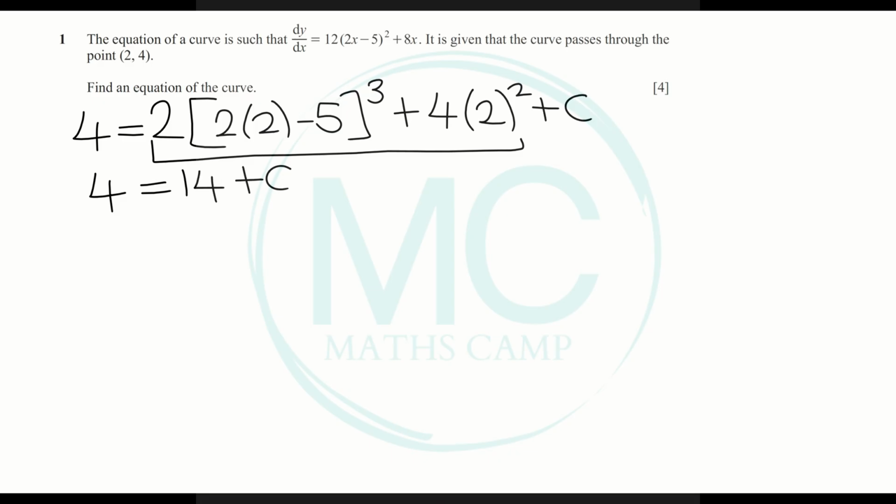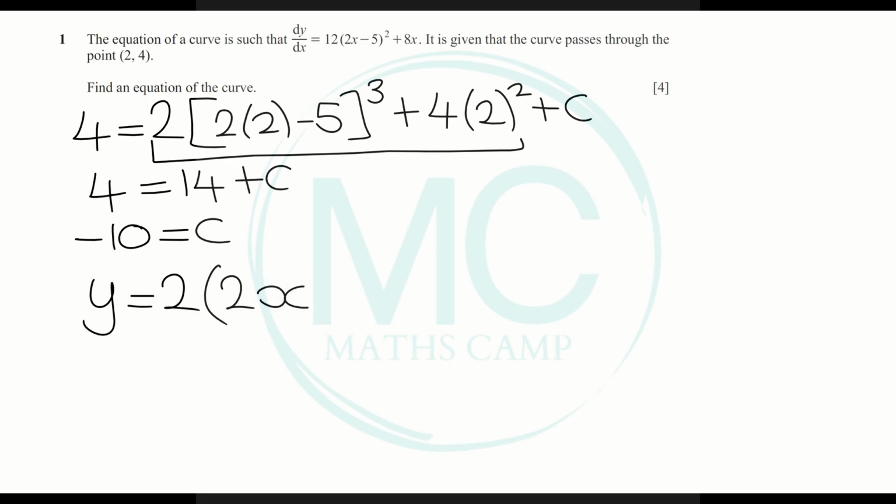Subtract 14 from both sides, and I see that negative 10 is equal to c. Now I can write down the equation for the curve. Y is equal to 2, open a bracket, 2x minus 5, close the bracket, cubed, plus 4x squared minus 10.